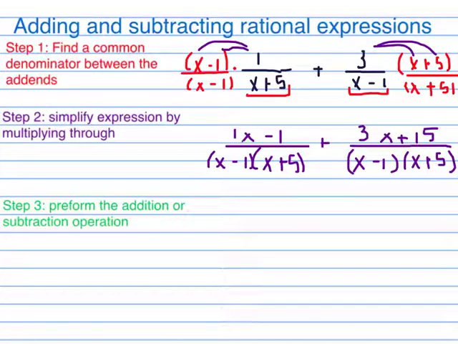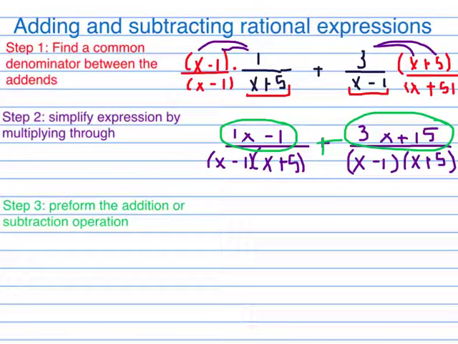Alright, step 3 is to perform the addition or subtraction operation. So now that they're both the same, it's like saying x minus 1 apples plus 3x plus 15 apples, and you just combine the like terms there. So I have this plus this, and that is what we are doing.